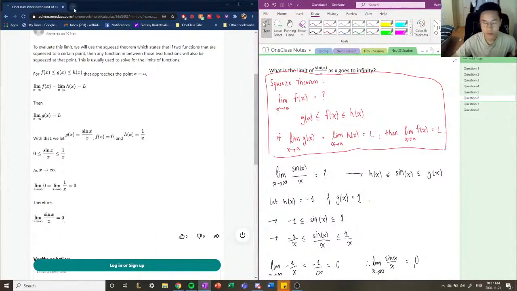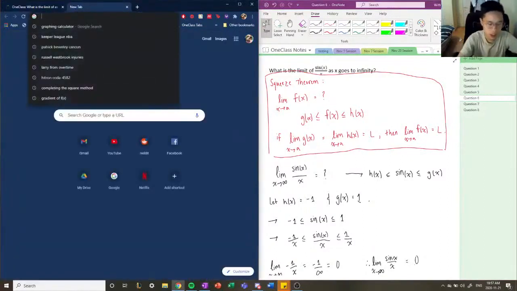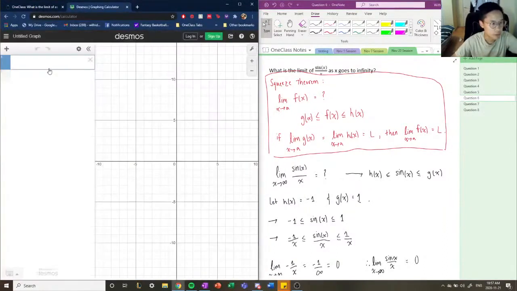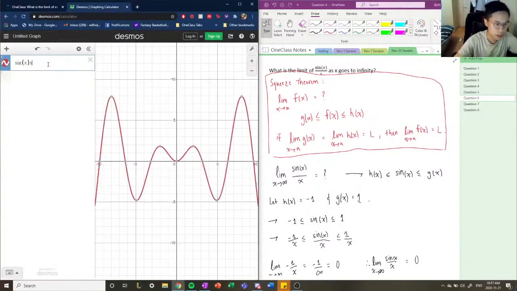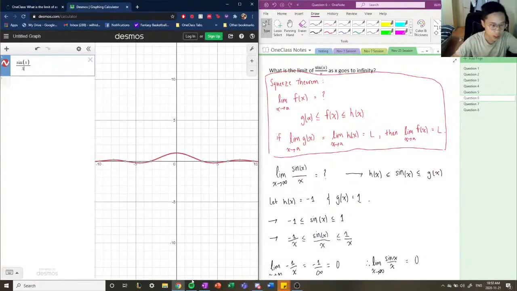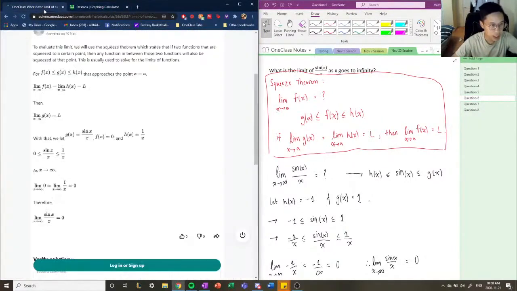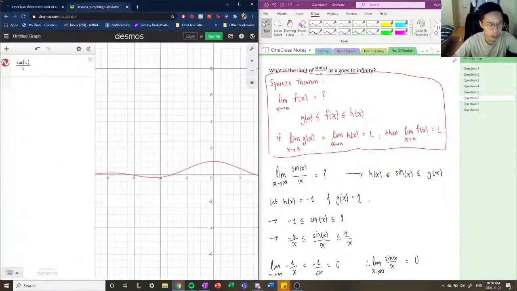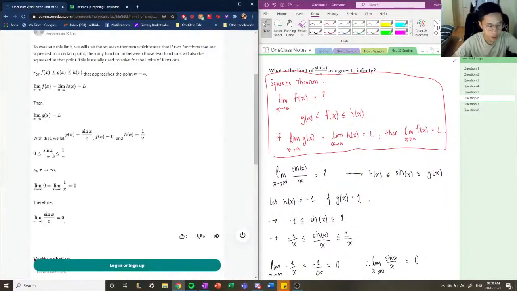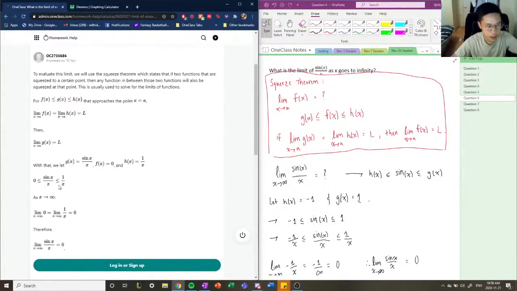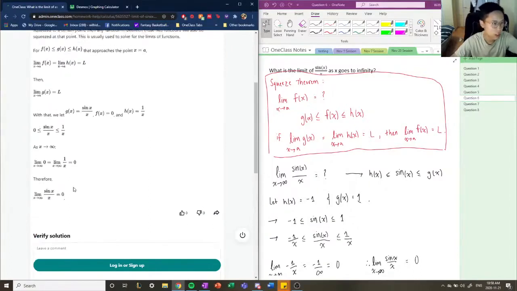If we graph sine x over x on a graphing calculator, you see that it does in fact go below 0. Sometimes it's less than 0, so these bounds don't work. They set up the bounds wrong, but the limit still remains the same. However, because the bounds are wrong, this solution is incorrect.